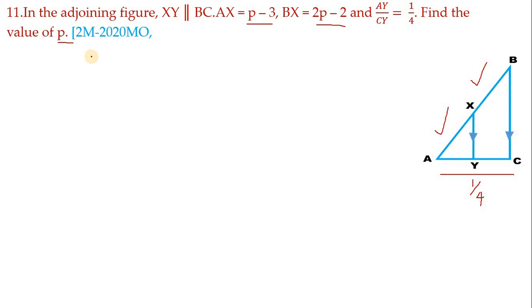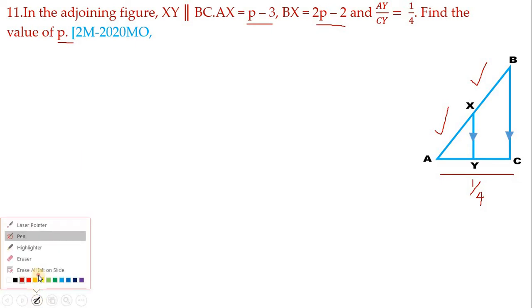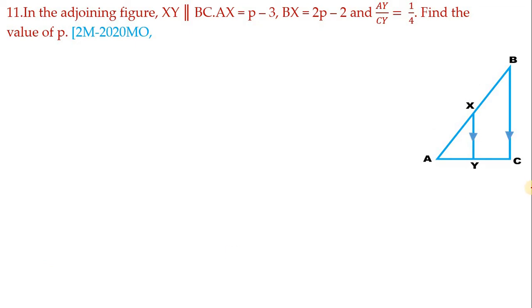But as soon as you see this problem, we must be able to identify which concept this problem can be solved with. So here, as you look at the figure, there is a triangle and one side XY is parallel to BC, and they are talking about corresponding sides here. So this problem we have to solve on the basis of BPT, the basic proportionality theorem concept.